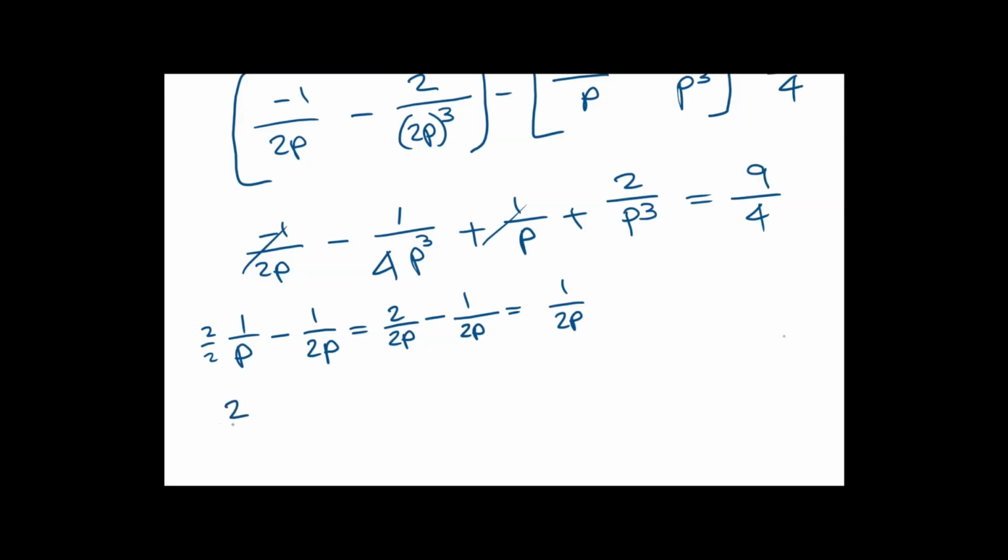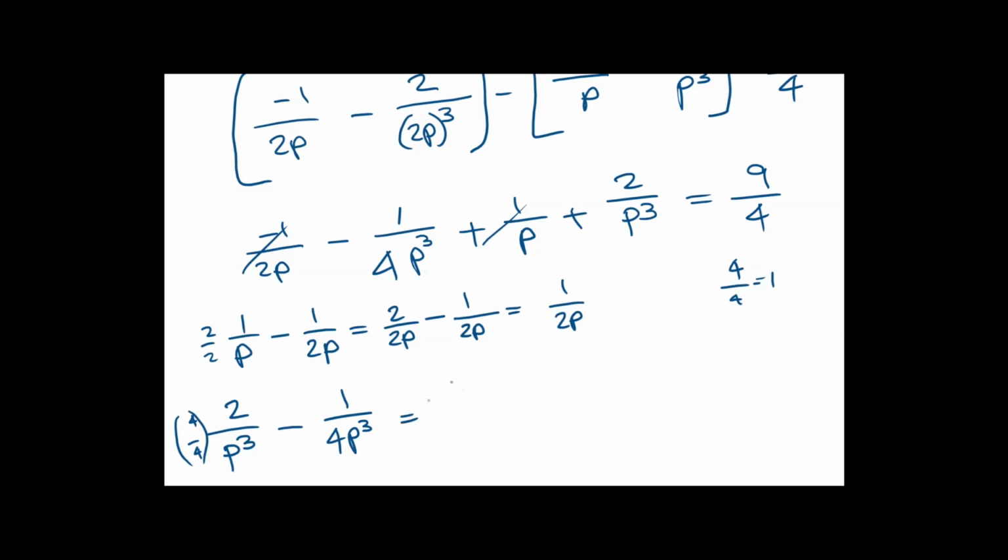So 2 over p cubed minus 1 over 4p cubed. We want to multiply top and bottom of this first one by 4 over 4, which is 1. So really we multiply by 1.